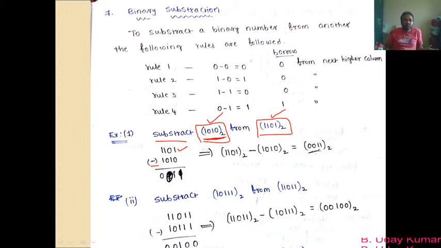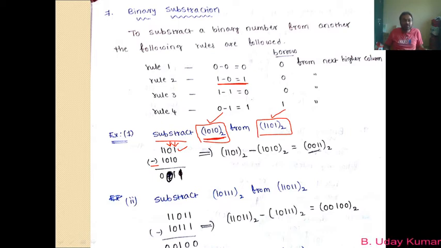Now follow the rules. Coming to the first column, 1 minus 0 is 1, you know this rule, right? You need not borrow anything from the next higher column, so 1 minus 0 becomes 1. Similarly, take the next higher order column. Coming to the second column, 0 minus 1 is how much?